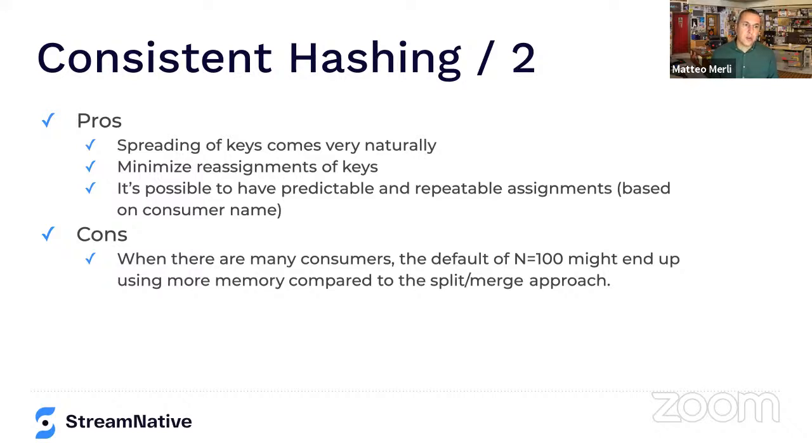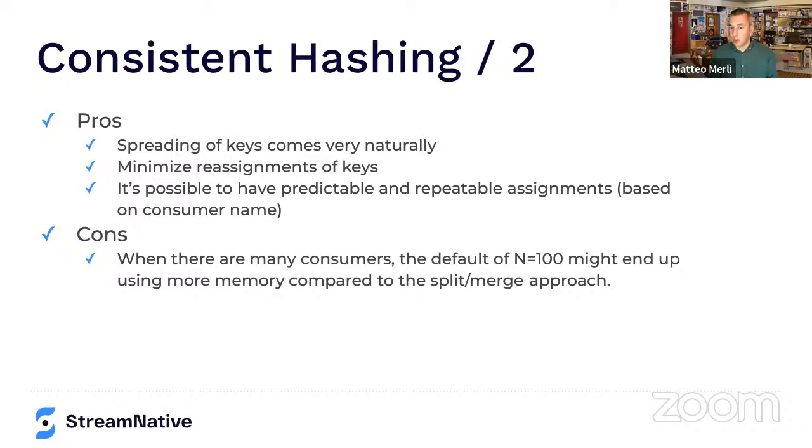One of the cons, though, is that to achieve this good distribution, we use n equal 100, which is a good default. But if you end up with a lot of consumers, say thousands and thousands of consumers, this might use more memory compared to the other approach. So now you have different options.